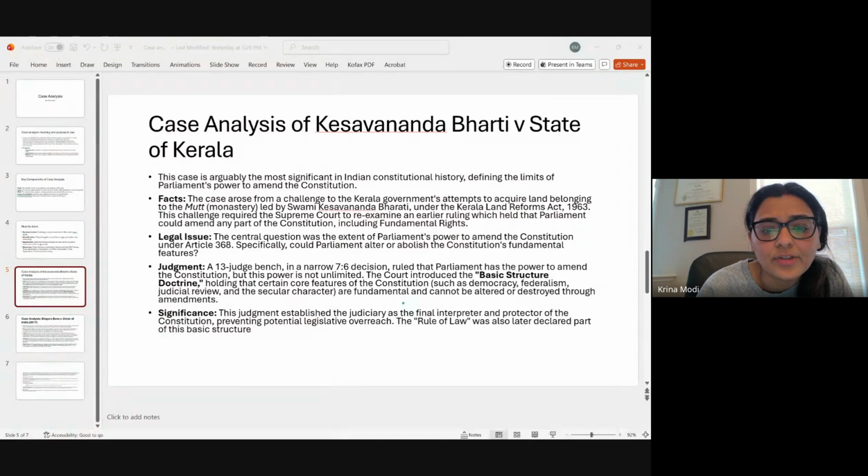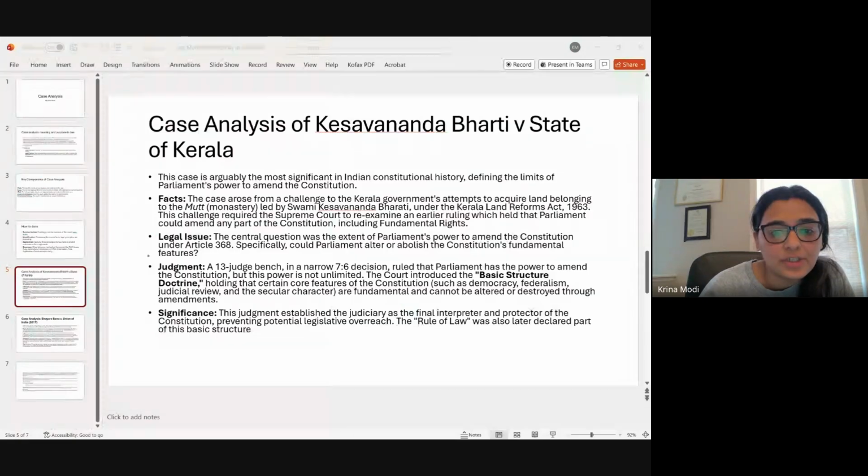This challenge required the Supreme Court to re-examine the earlier ruling which held that Parliament could amend any part of the Constitution, including fundamental rights. So you can read the facts, and the issue for us was whether the court has the right to amend any part of the Constitution, which includes the fundamental rights.